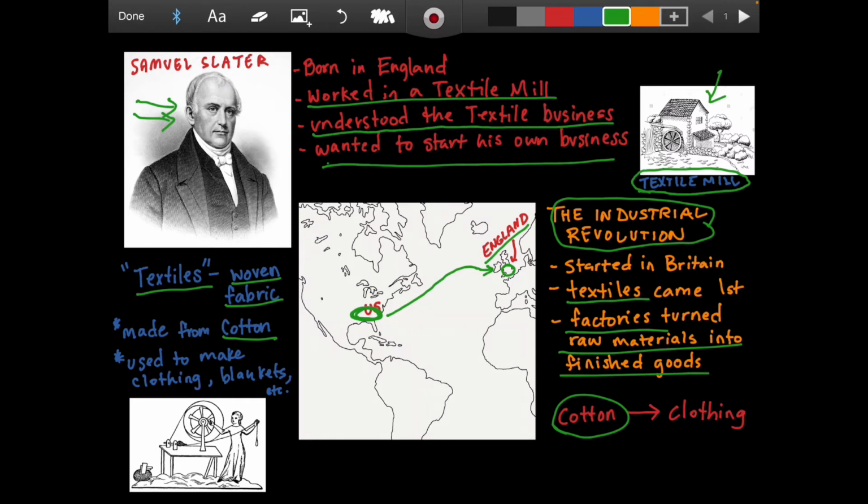And then the idea that we're going to take that cotton and turn it into clothing, that is the textile industry. And the textile industry is just the first of many industries that are going to develop during the Industrial Revolution. Even though the Industrial Revolution starts off over in Great Britain, it's not going to stay there forever. Eventually, it's going to make its way over to America thanks to this guy, Samuel Slater.